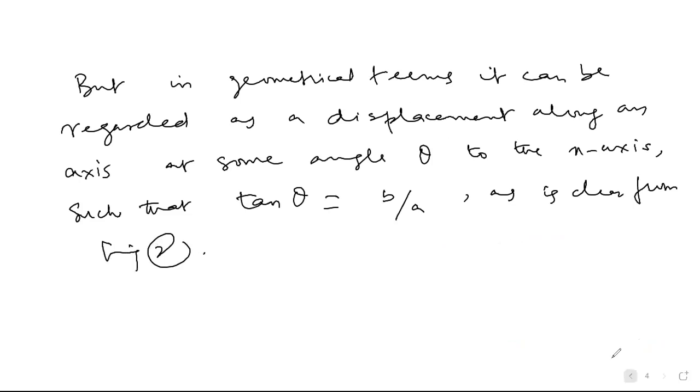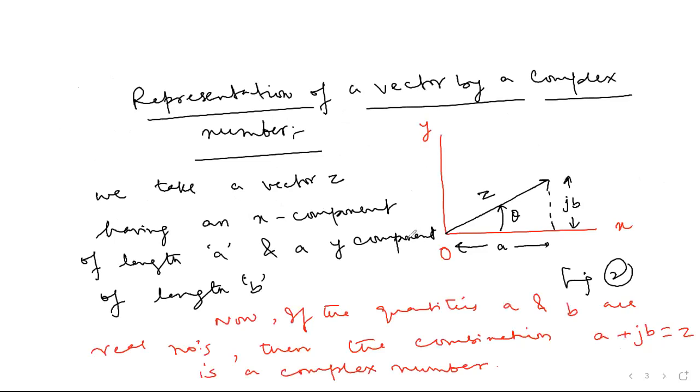Understand it? I'm saying if I take a vector z with x component of length a and y component of length b, then this vector is shown in the figure 2. Now, if the quantities a and b are real numbers, then the combination a plus jb, which is denoted by z, is a complex number, right?